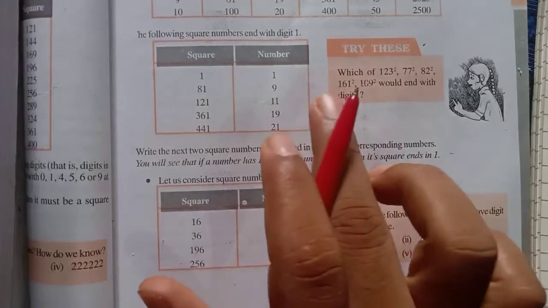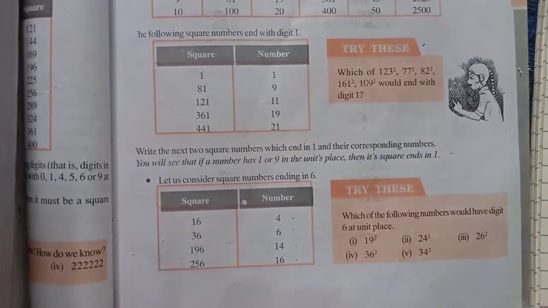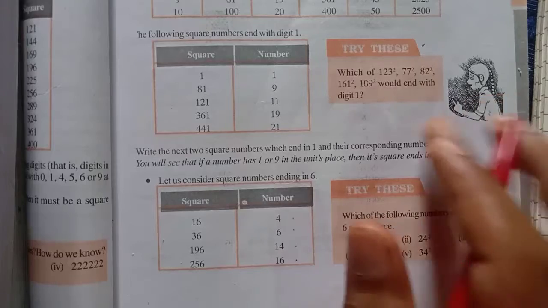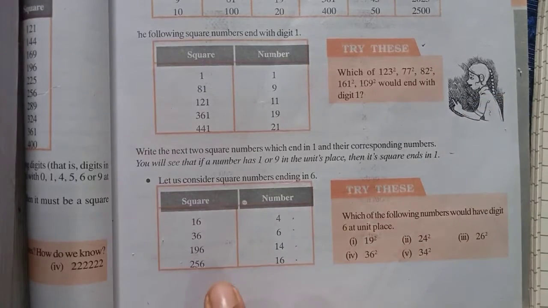So for this section you have 1 and 9, which gives 1 as ones digit in squares. And here for this section you have 4 and 6 as ones digit of the numbers, which gives 6 as ones digit in their squares. We have this try this section again. Which of the following numbers would have digit 6 at units place?